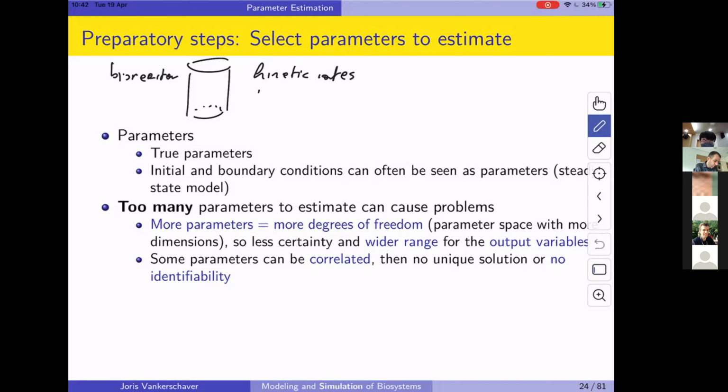So here we can have initial conditions, or also boundary conditions. There's always a trade-off.